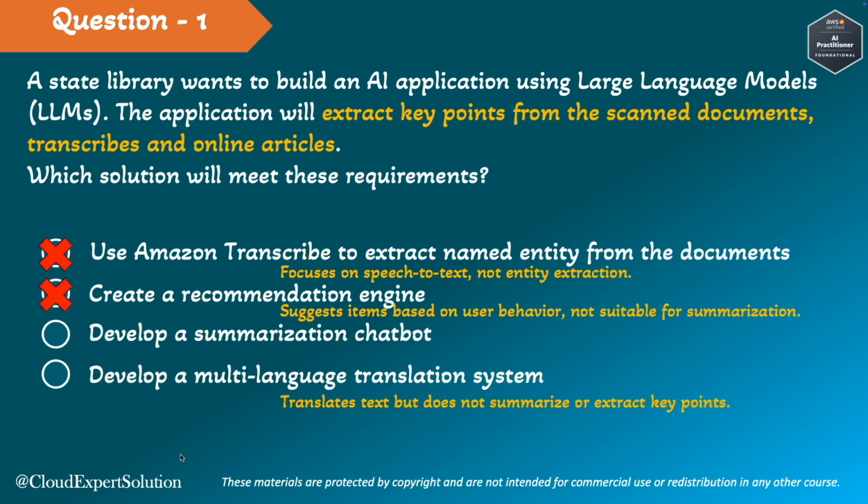While a multi-language translation system can translate text between languages, it does not inherently extract key points from documents or transcripts. Hence, the last option is also incorrect, and this gives us the correct answer as option 3, which directly addresses the need to extract key points from various types of content using large language models, or LLMs.